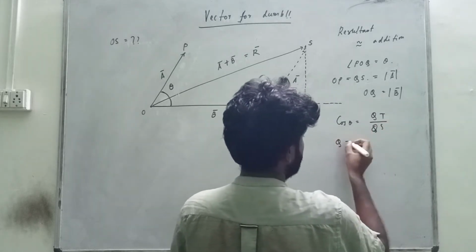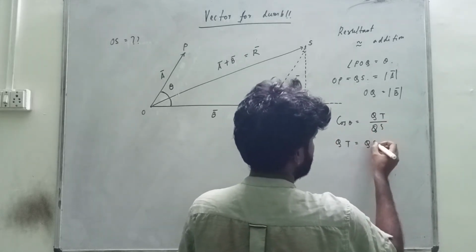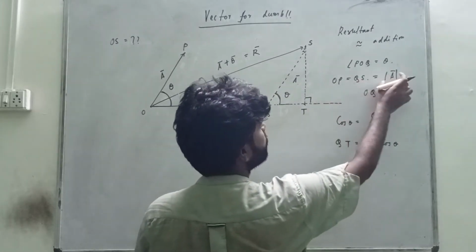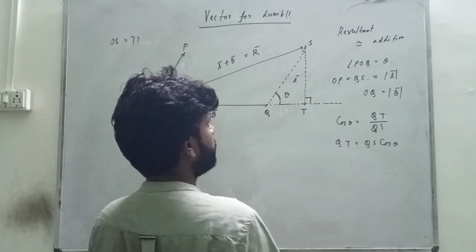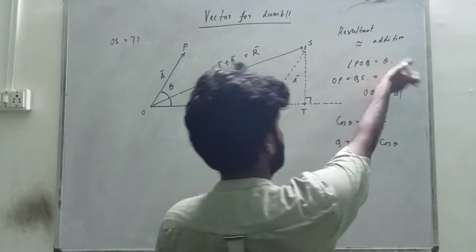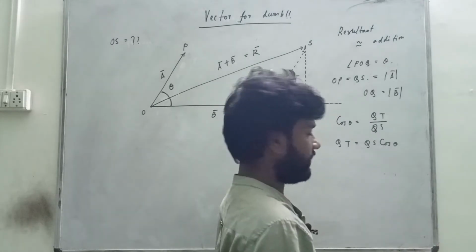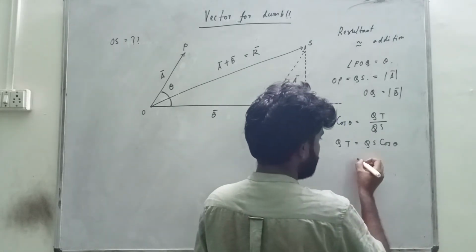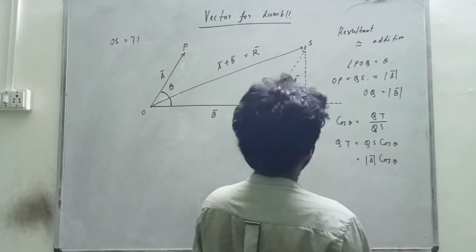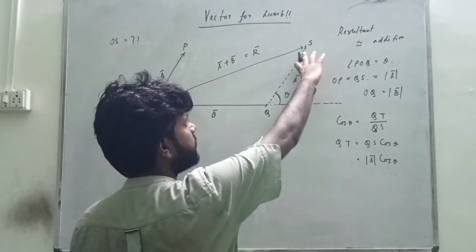So QT means QS cos theta, and the QS is the modulus of A, the magnitude of vector A. So QT is modulus of A cos theta.